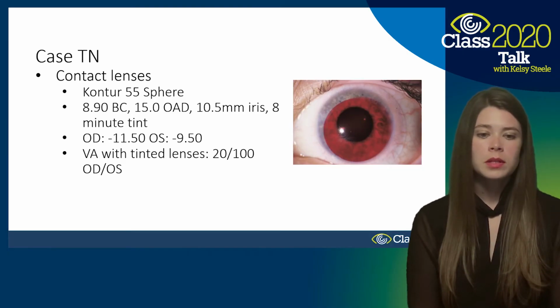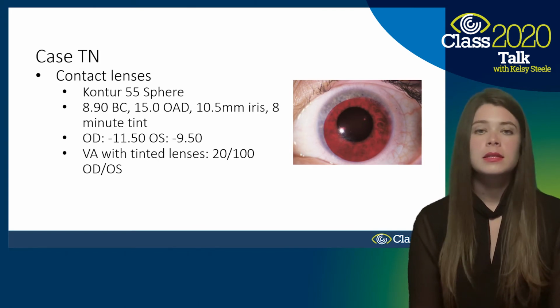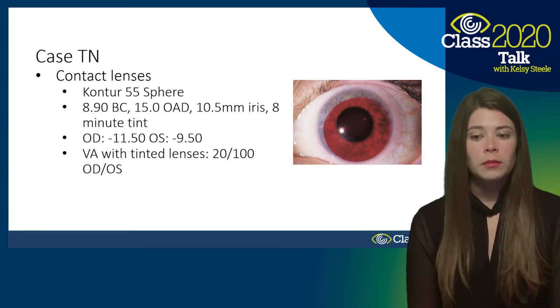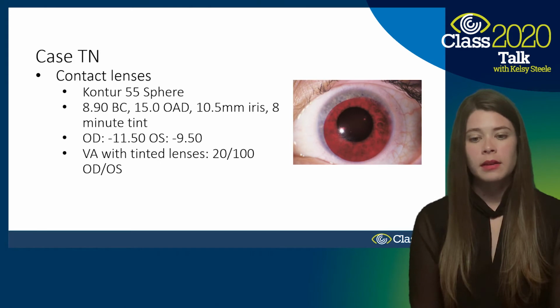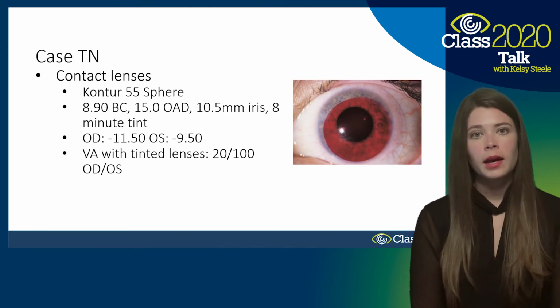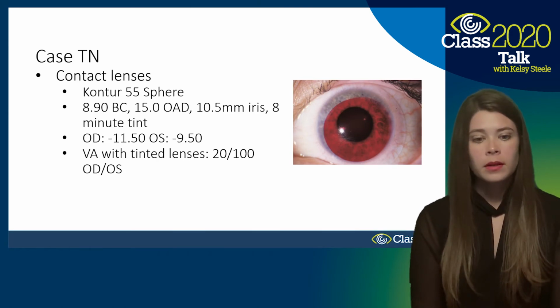So we ended up choosing a contour sphere for him. Same as the other people, we just put on a clear diagnostic lens to decide on our base curve and OAD. He wanted it pretty much across the iris, so we made a 10.5 iris tint. And then with some filters that we had, we decided on an 8-minute tint for him in red.